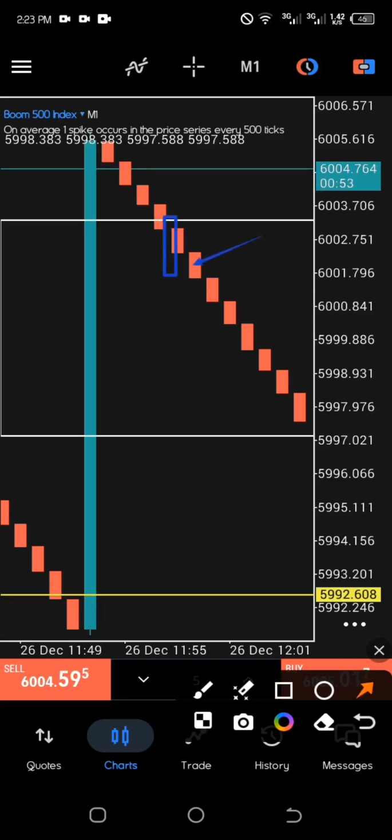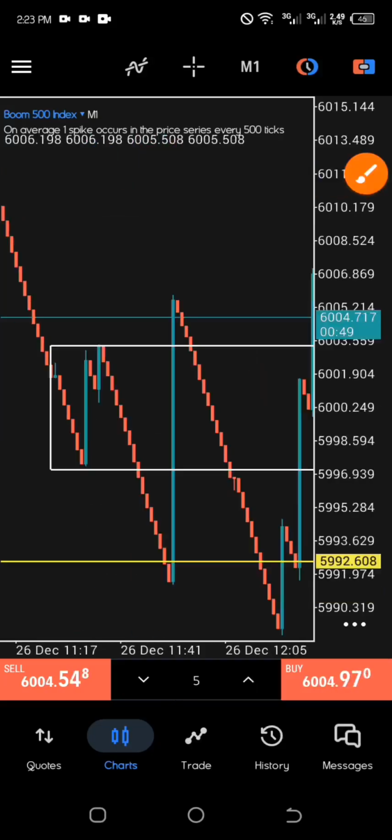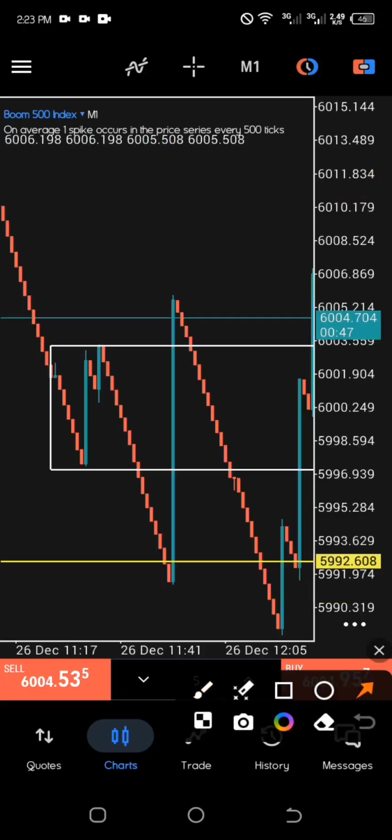Keep in mind that when a candle closes below this area, we want to stay out of the market and close all our operations. We enter from here, and then we take our profit from this candle right here. If you count this candle, this is up to 8 to 10 candles. That is how you trade using this strategy.